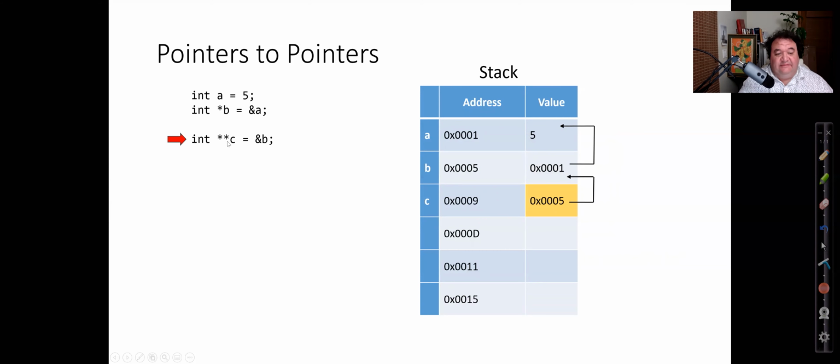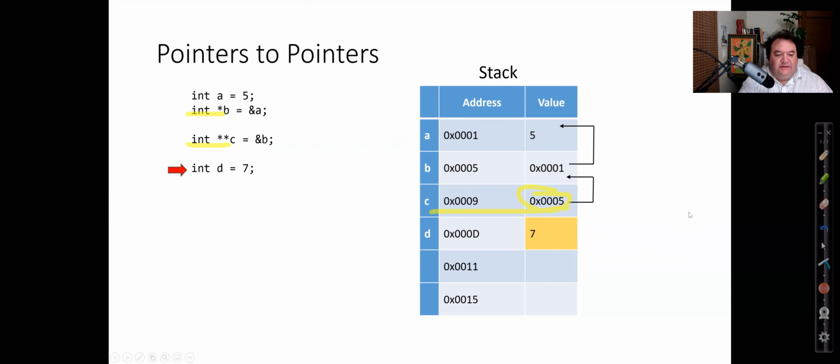And so we can define a variable that is the pointer to a pointer to an integer. So here we have the star twice. And so this variable points to something like B. B is a pointer to an integer. And so C points to that. So the address of B is 005. And so this is stored in C. And so we would have to dereference twice to get to the value of A.